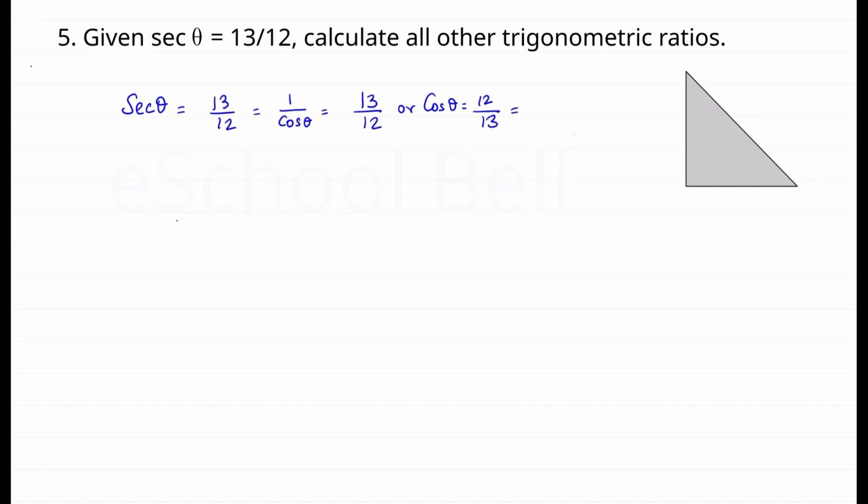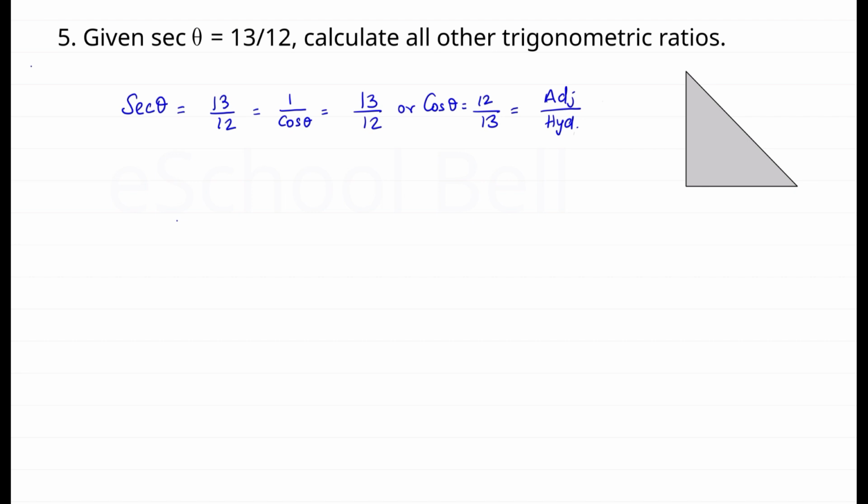Cos theta is basically adjacent by hypotenuse. I already told this problem can be solved in two methods, either by using Pythagorean theorem or we can use trigonometry identities. But we will use Pythagorean theorem.